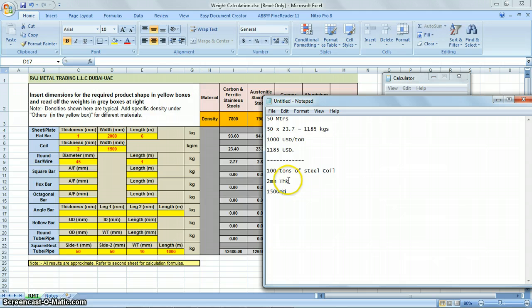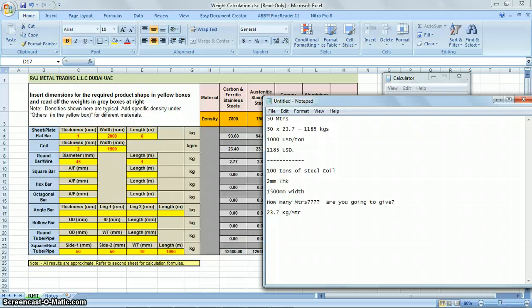Alright, so the question is, how many meters are you going to give? As you know, per meter is 23.7 kg. So the output is basically kg per meter.